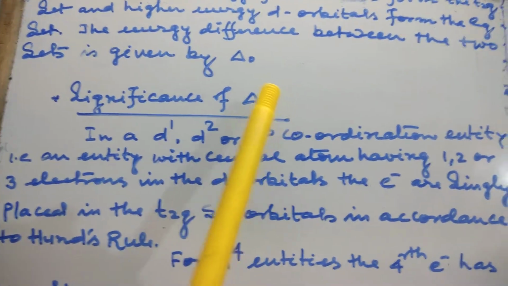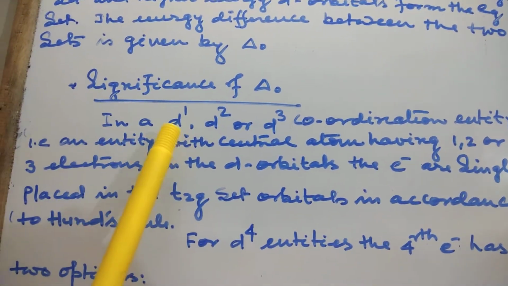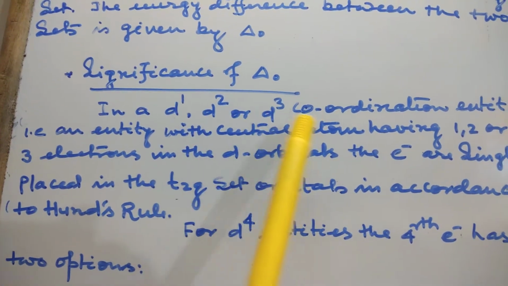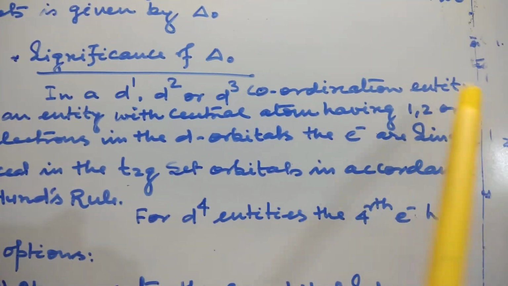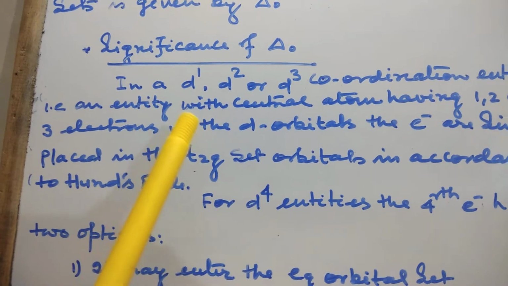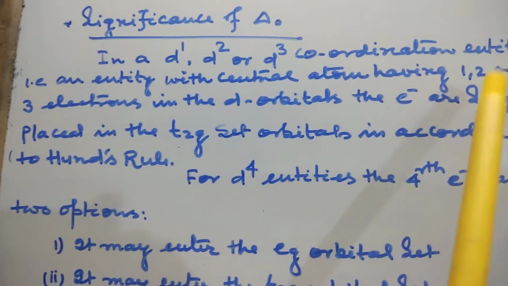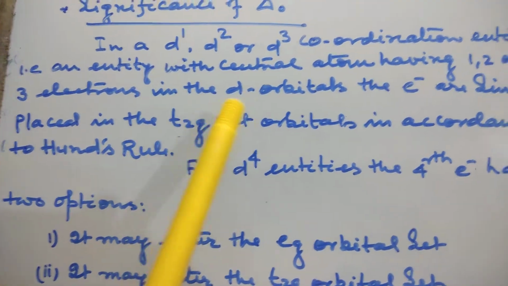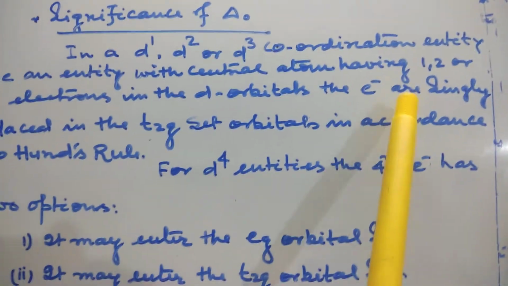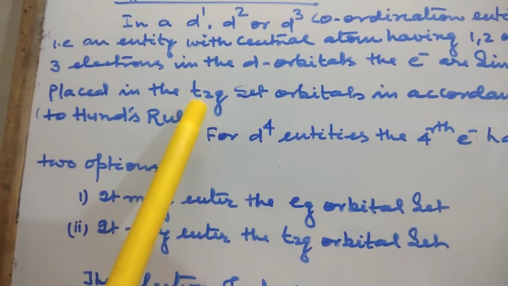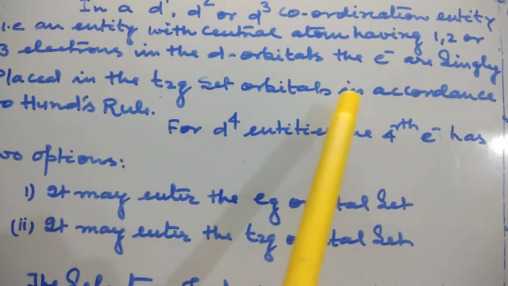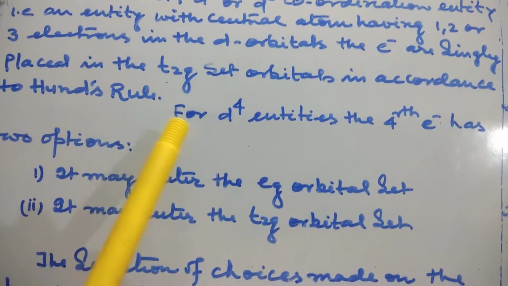Significance of delta naught: in a d1, d2 or d3 coordination entity, that is an entity with central atom having 1, 2 or 3 electrons in the d orbitals, the electrons are singly placed in the t2g set orbitals according to Hund's rule.